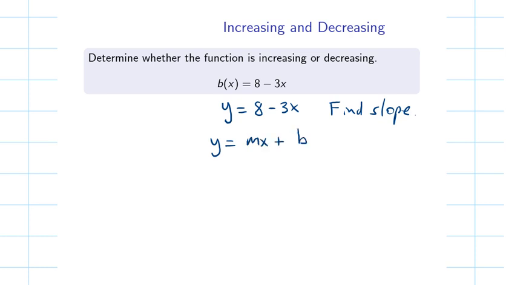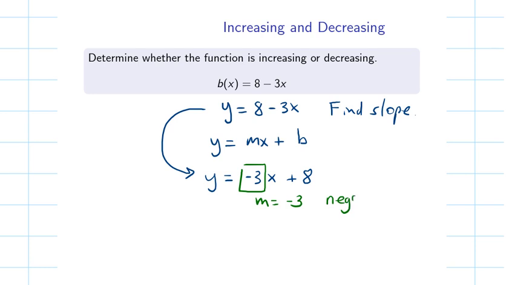So we can just rearrange the terms. If we rearrange this, this becomes y equals negative 3x plus 8, and here's the slope. m is negative 3, the slope is negative. So that means it's a decreasing function.